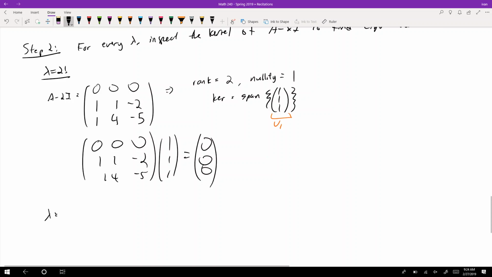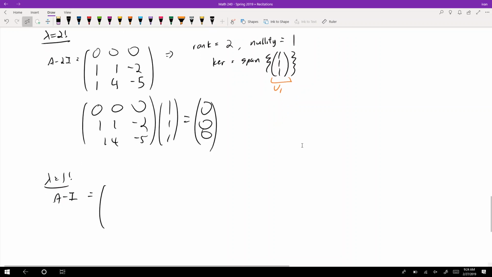Okay, lambda equals 1. Right, now you got A minus I. What is that equal to? You get, right, 1, 0, 0, 1, 2, negative 2, 1, 4, negative 4. Okay, what's the rank? It's 2.